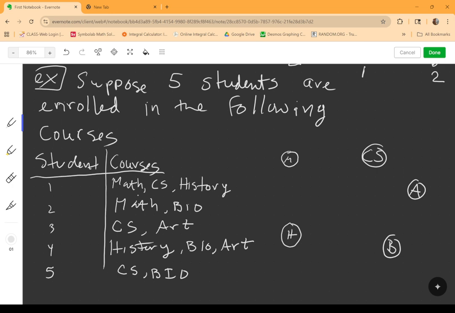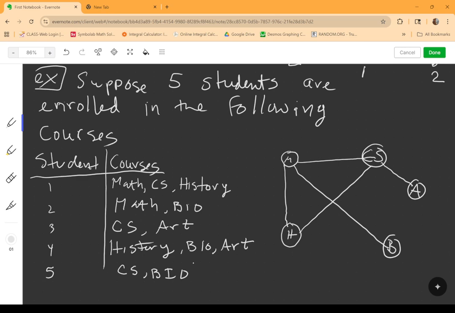So for instance, student 1, right, we should have an edge between math and CS, math and history, and also between history and CS. Okay, because they share a student. And then for the second student, math and bio, so we have here, okay. And then CS and art share a student.